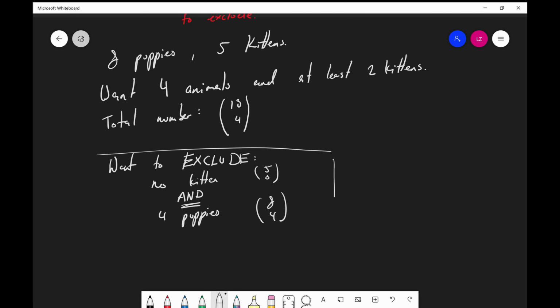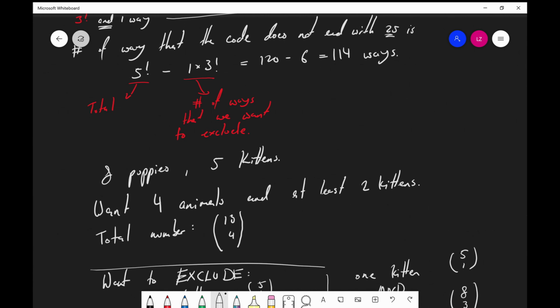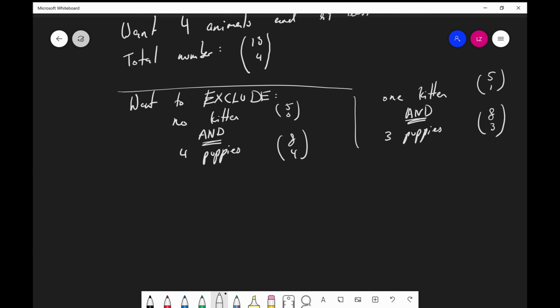And we also want to exclude the scenario where we get 1 kitten and 3 puppies. And to have 1 kitten, you have 5 choose 1. 3 puppies, you have 8 choose 3. Now, like what we did earlier, we're going to have the total number of ways minus the number of ways that we want to exclude.